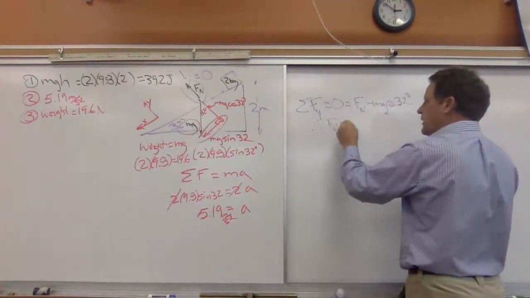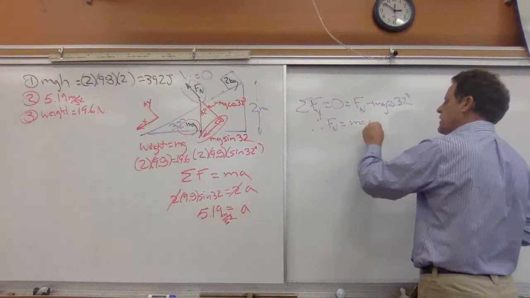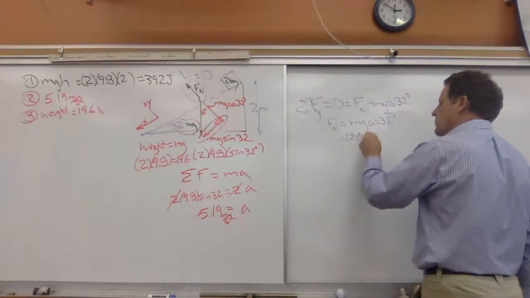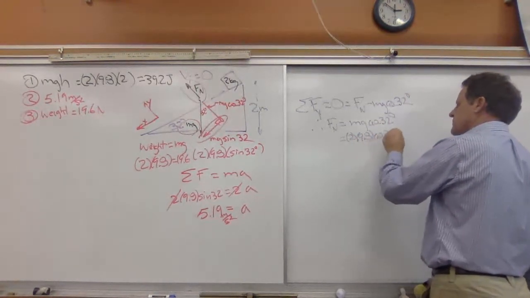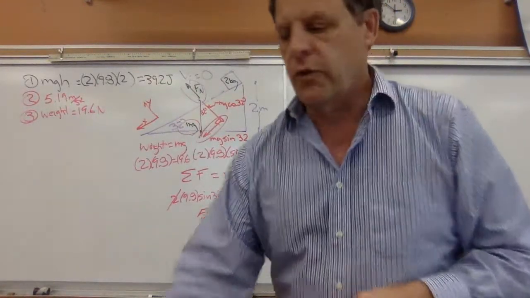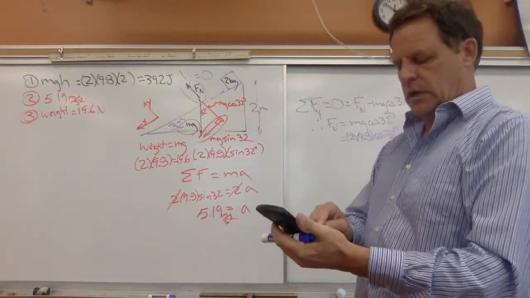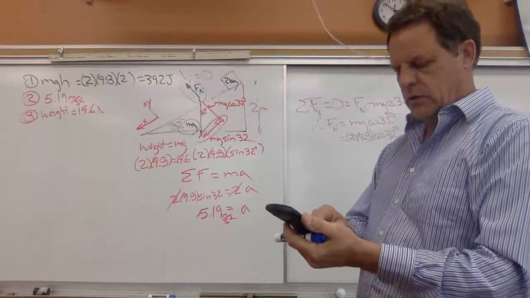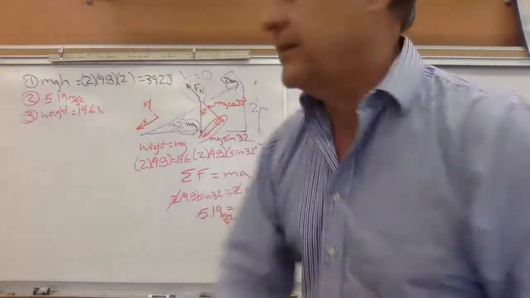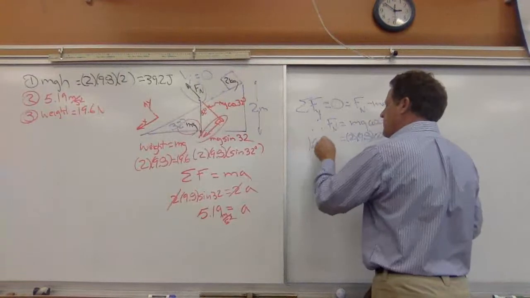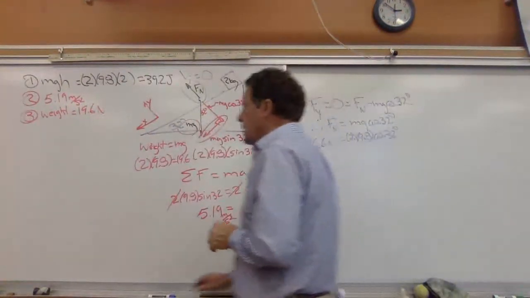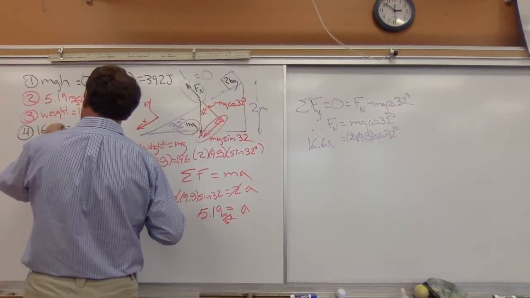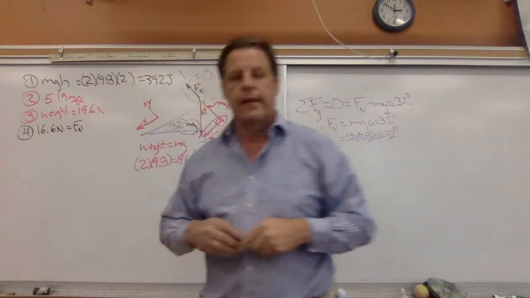Therefore, the normal force is equal to mg cosine 32, which is 2 times 9.8 times the cosine of 32. That gives us 16.6 newtons, which is the normal force.